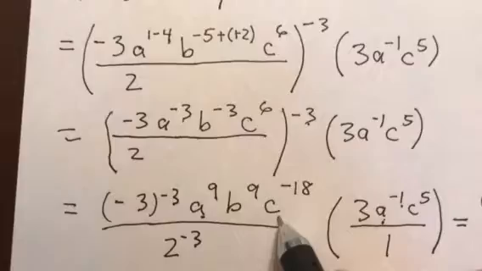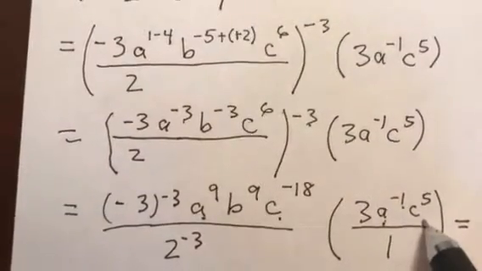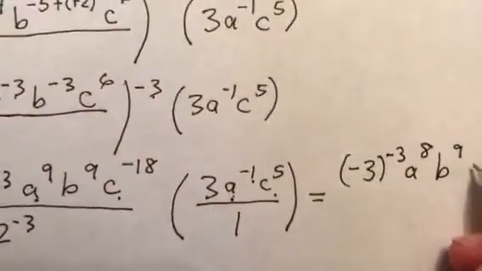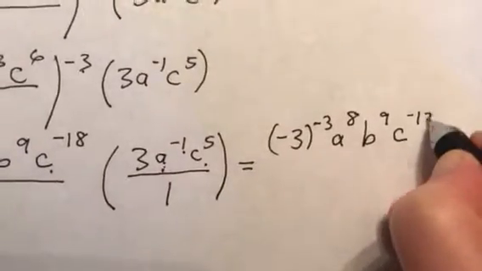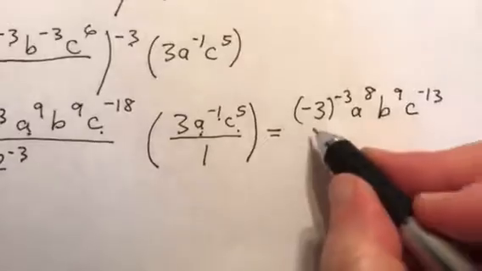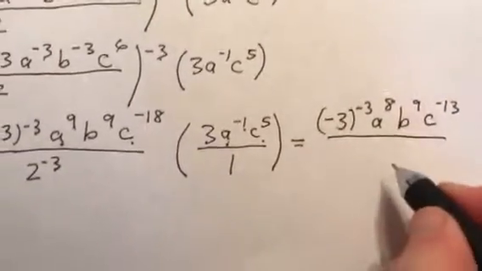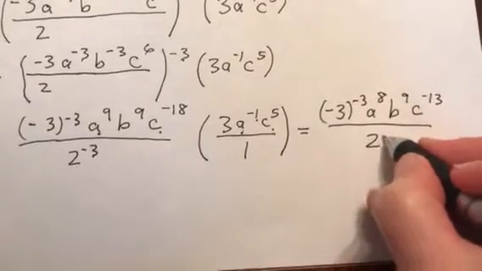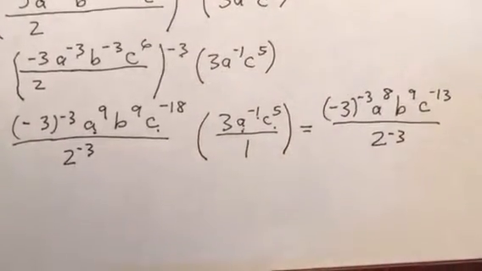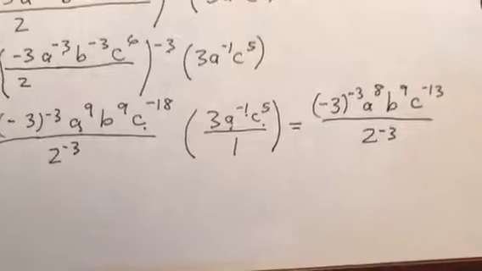I have c to the negative 18 and c to the 5th, and so those would combine to be c to the negative 13. And then on the bottom, the 2 to the negative 3 times 1 is just 2 to the negative 3. Okay, I'm getting really close.